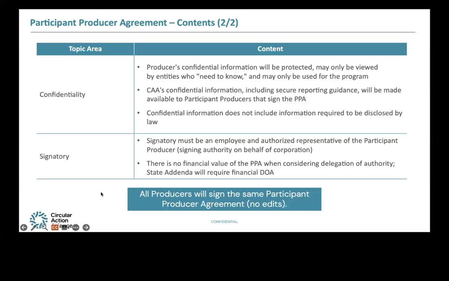For the signatory, we're requiring that an authorized representative sign the PPA. This person is authorized on behalf of the producer to bind the company, sign legal contracts, and submit material supply data to CAA. There is, again, only one version of the PPA available for signature. We're not accepting any red lines or further edits, given the extensive feedback consultation process we went through for both the PPA and the Oregon State Addendum, and we'll do so again for future state addenda as they're made available.